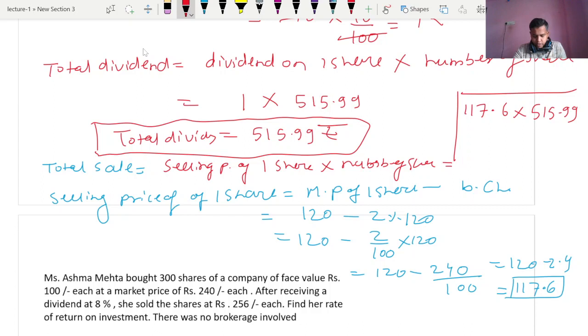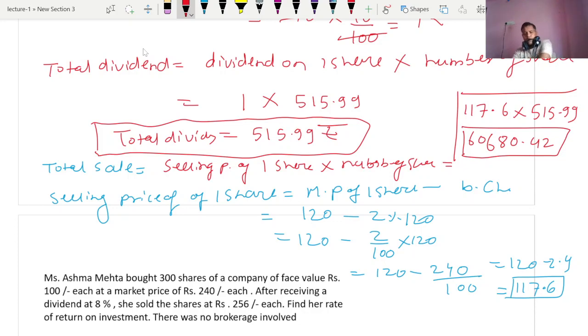This is nothing but 60,680.42. Okay, so this is our total sell.